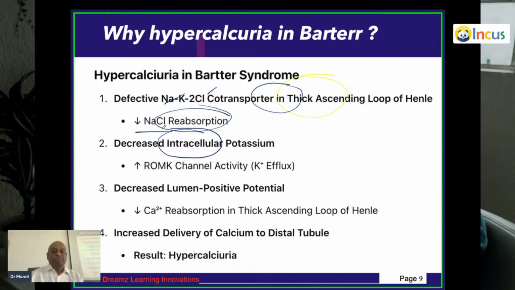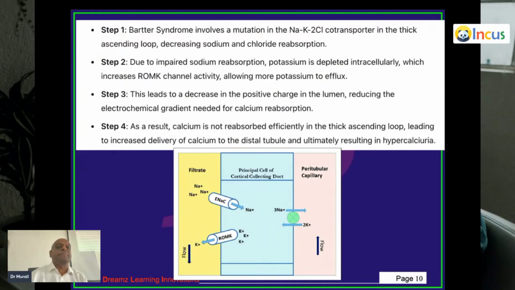Why? There is a reason for that. Whenever there is impaired sodium reabsorption through the sodium potassium 2 chloride channel, potassium is depleted intracellularly, because sodium and potassium are co-transported, no? Sodium, potassium, 2 chloride are the 3 classmates going to a coaching program.